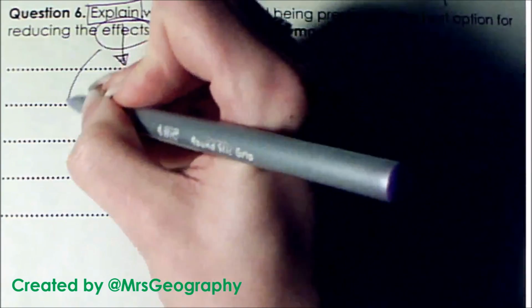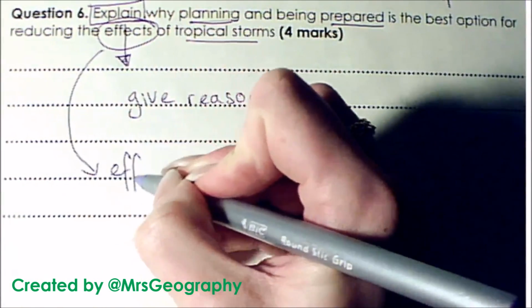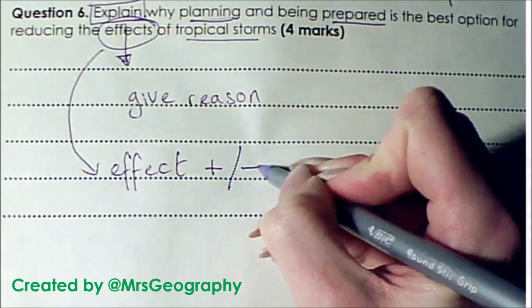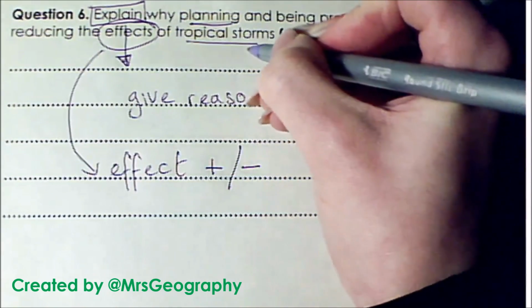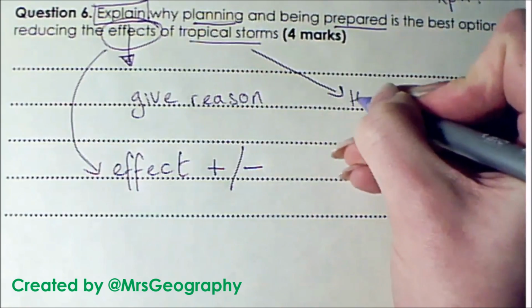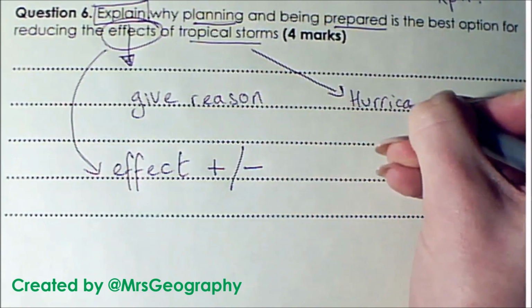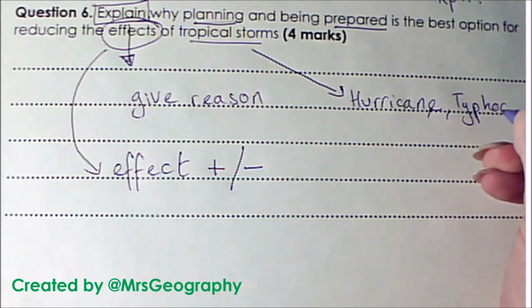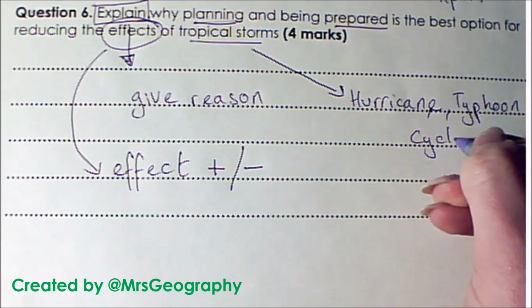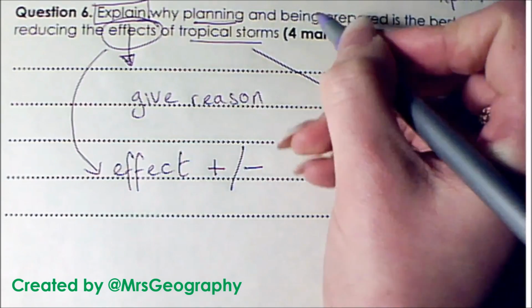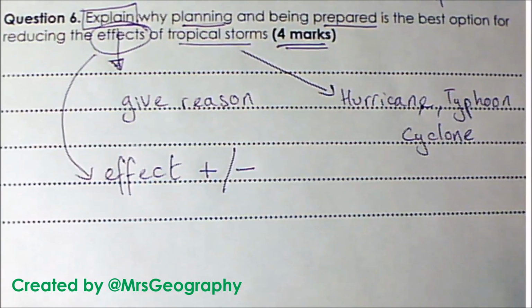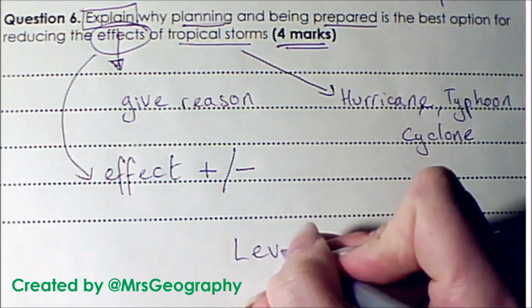So we know from before that an effect can be positive and negative. We know that a tropical storm is a hurricane, a typhoon, or a cyclone. Now this question is worth 4 marks. So we remember that a 4-mark question is level marked.